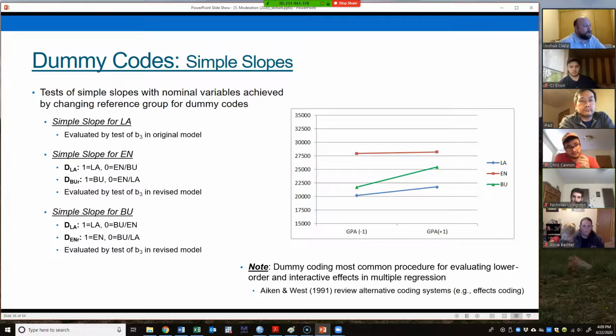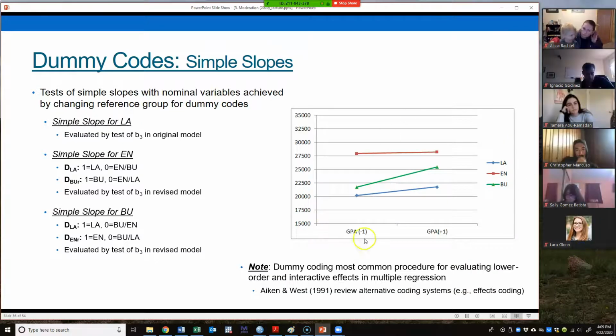Tamara, could we run this model in a traditional ANOVA framework? What's that? Yes. Maybe. Why? What would make it difficult to run in a straightforward factorial ANOVA? Well, since we're looking at the effect of GPA, we've got a continuous variable that has a meaningful range, right?